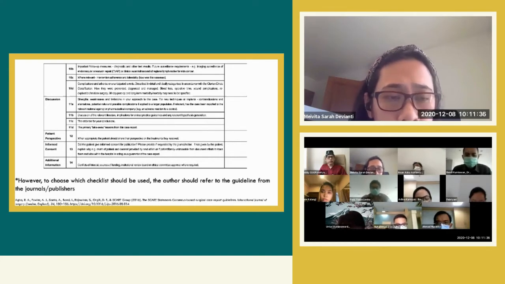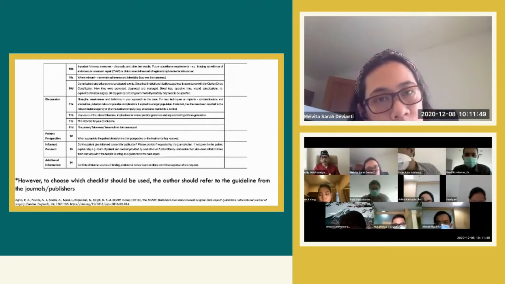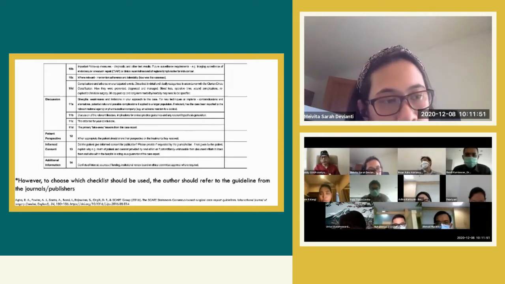However, this is only one example of the guidelines. There are many of them out there, but which one we should use depends again on the publisher or the journal that we want to submit our case report to.